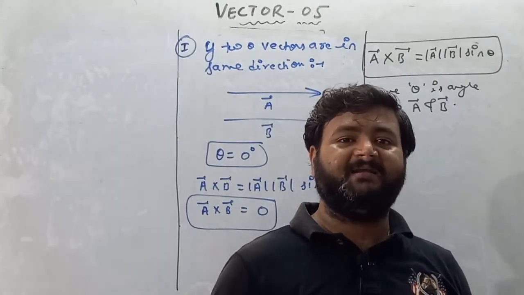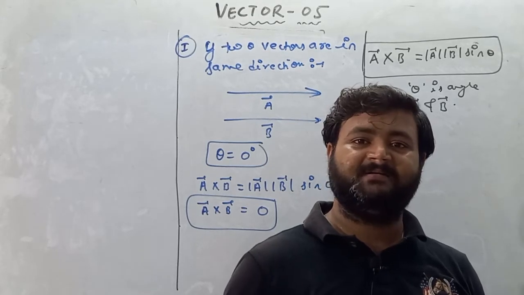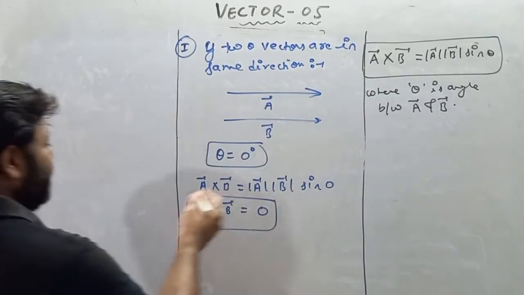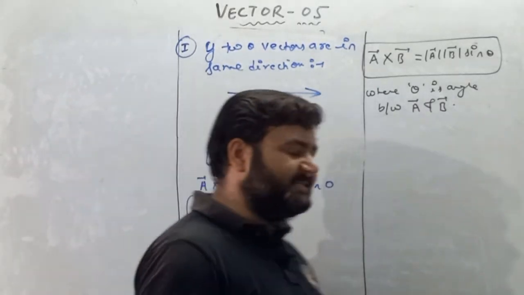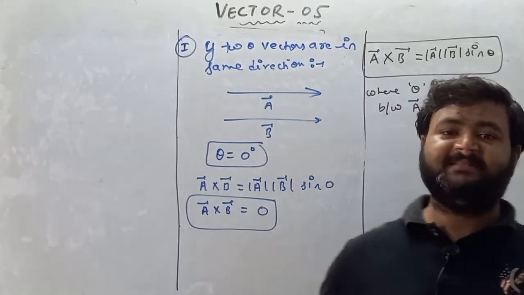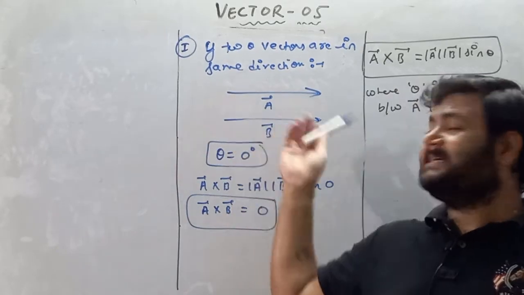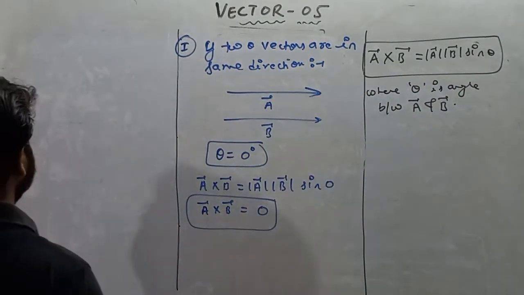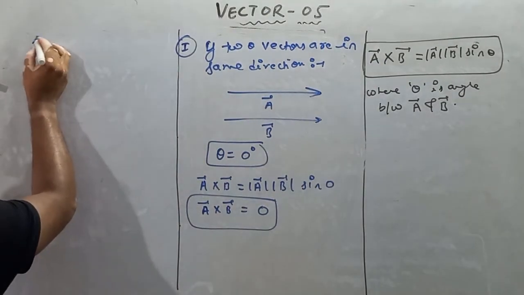Cos 0 is 1, but cos 90 is 0, and sine 90 is 1. So if two vectors are in the same direction, then their cross product, or we can say their vector product, is equal to 0. Now moving forward, I am discussing case 2.